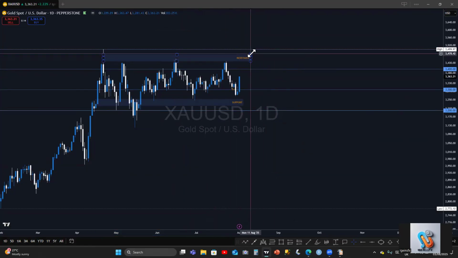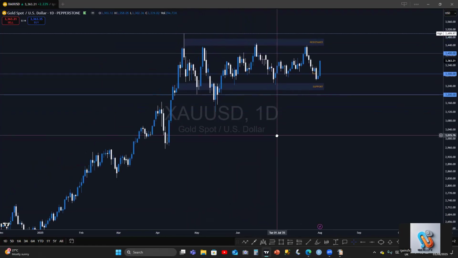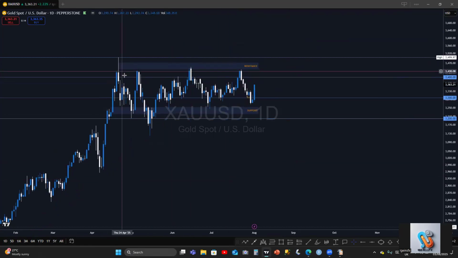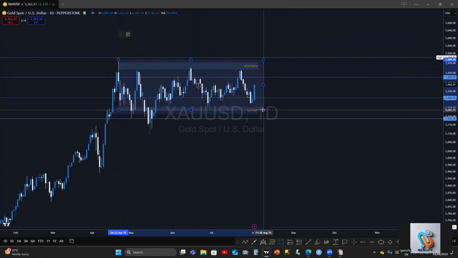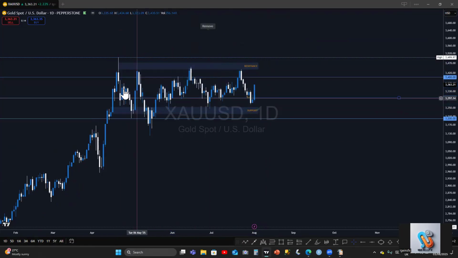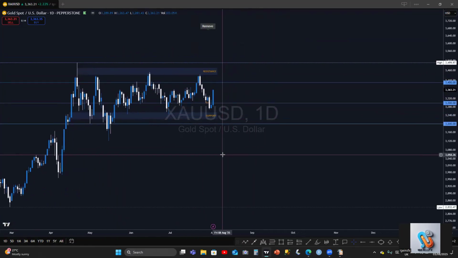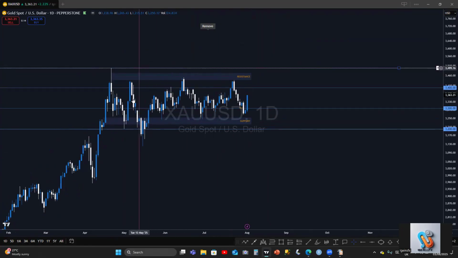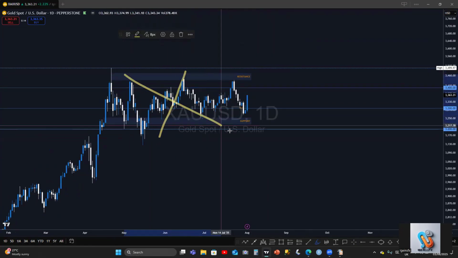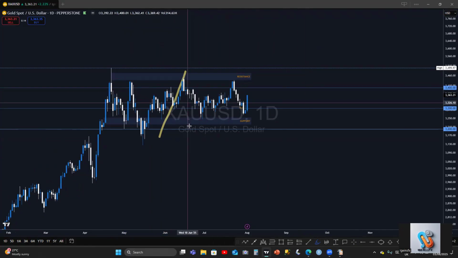So we have a resistance that is obvious, and we have a support that is obvious. Here you can now see that the price action is just trading within this range. It tells us that it's just going sideways. Until this level is validated, you always see price dangling between these points.